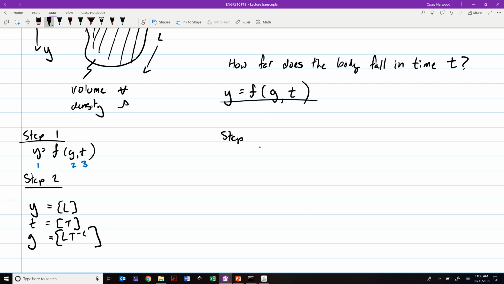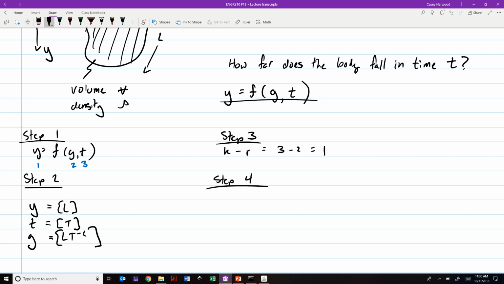Step 3: k minus r, 3 minus 2, is 1. Okay, so we're looking for one pi term. Step 4 is select our repeating variables.